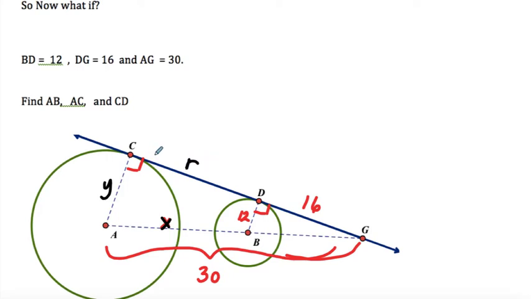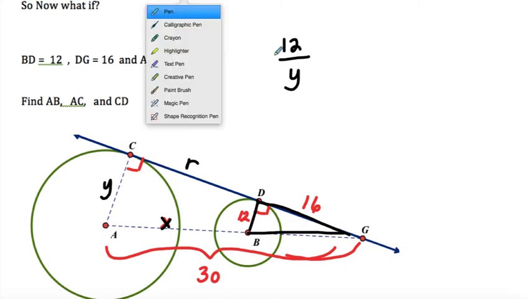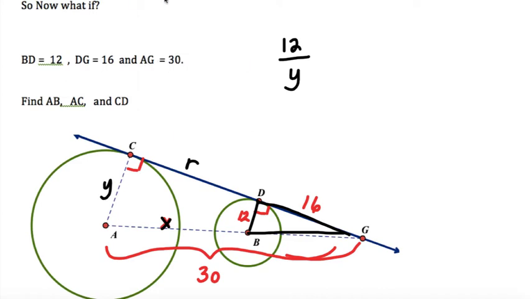So I look at this and I see this triangle here is similar to the entire triangle. So I decide that I'm going to find y first. I'm going to write a proportion that would be 12 over y equals, oh, I can't do that first.